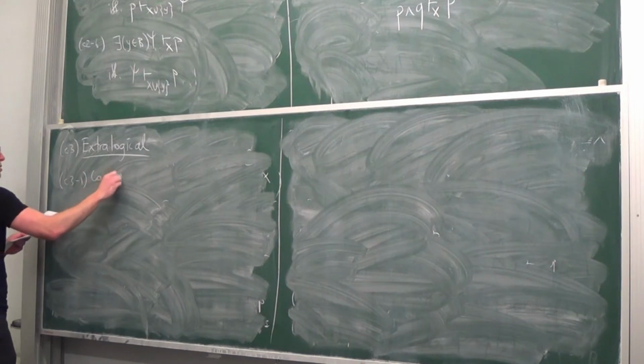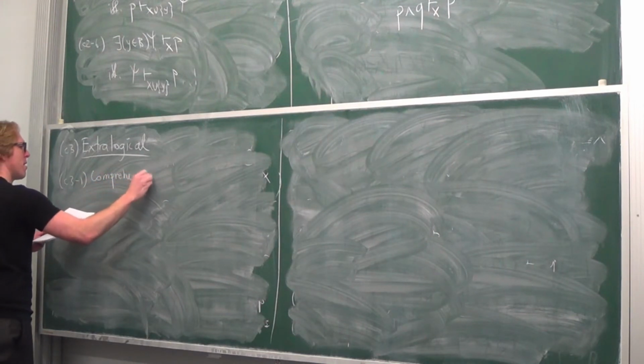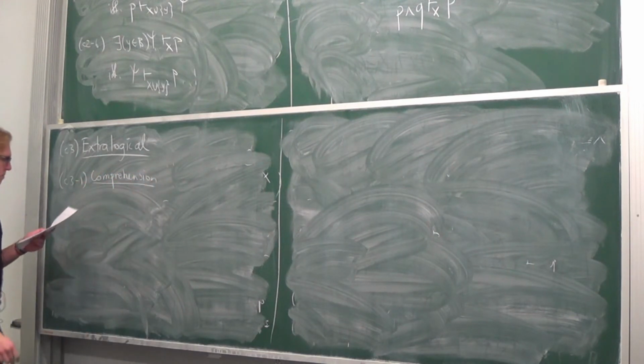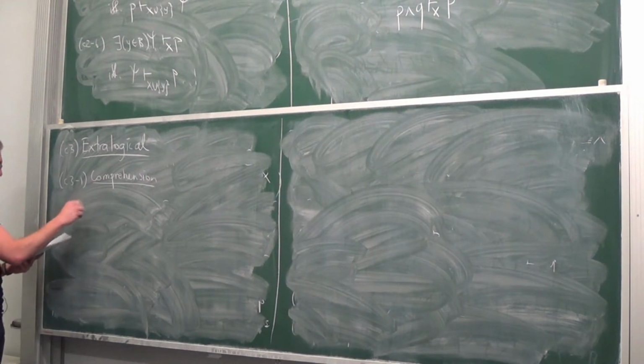C31 is comprehension. This basically says what the set comprehension introduction term's content is.